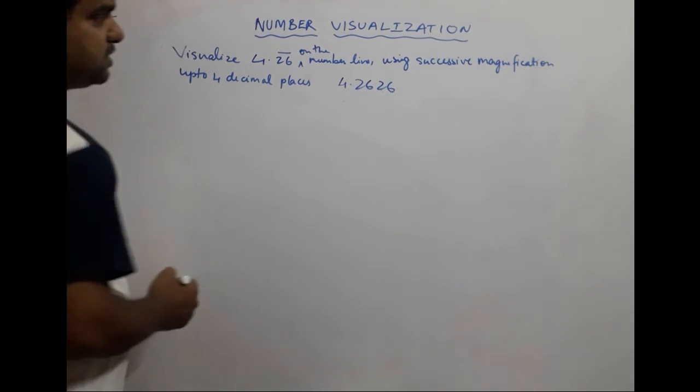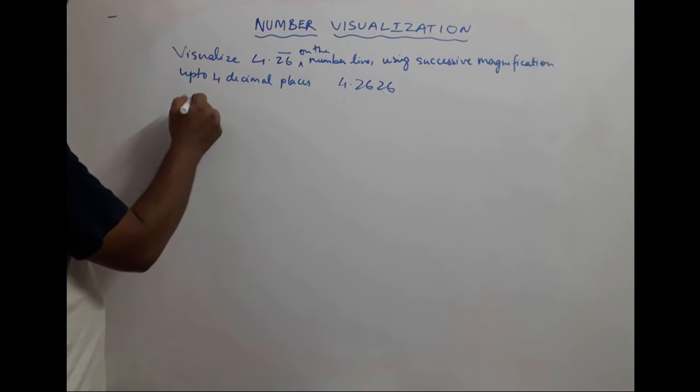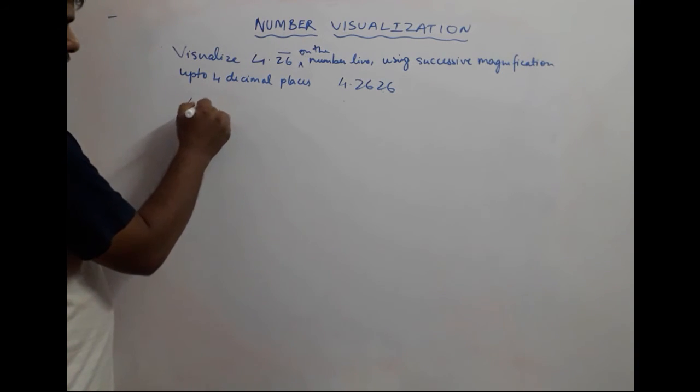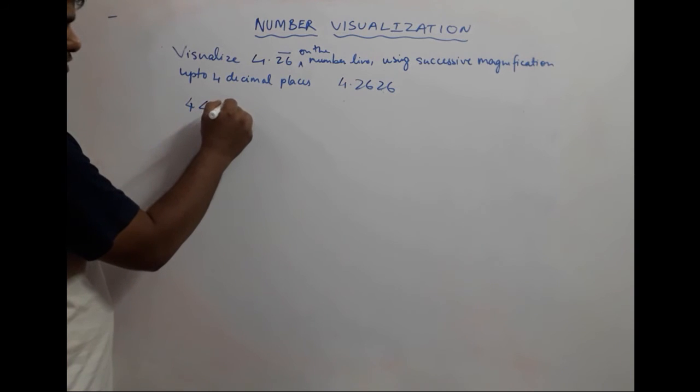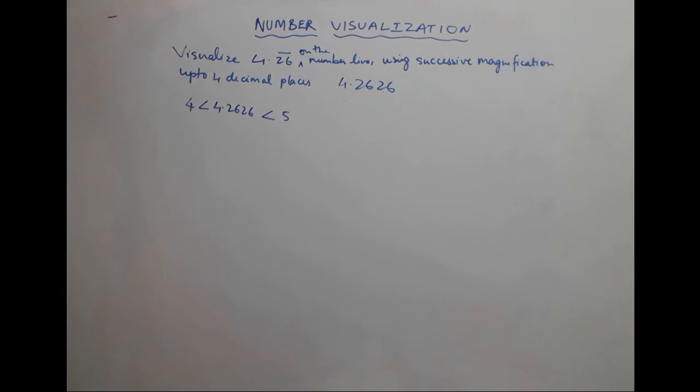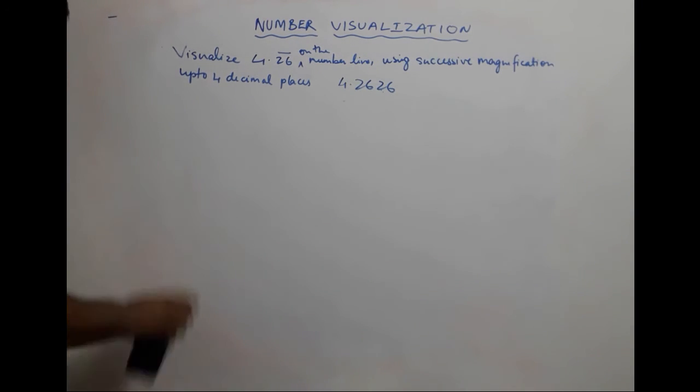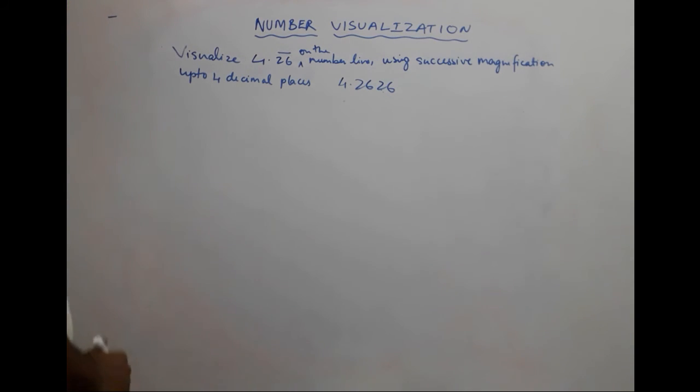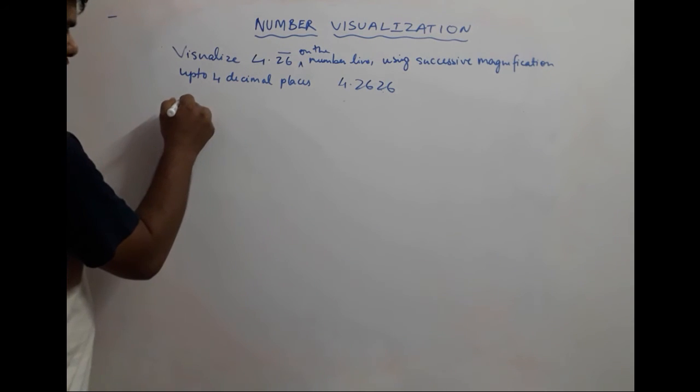This easily suggests that this number is greater than 4 but less than 5. Correct? So now we'll visualize the numbers between 4 and 5. Let us begin with 4.